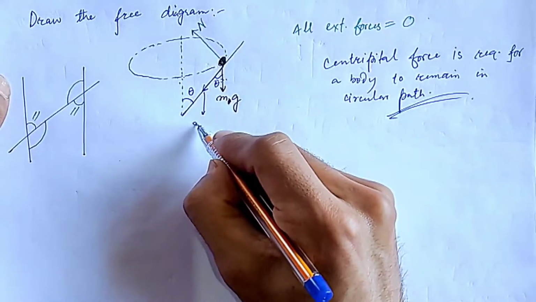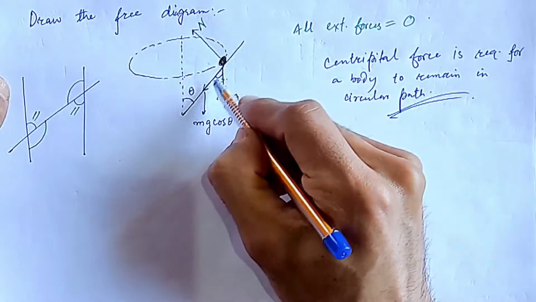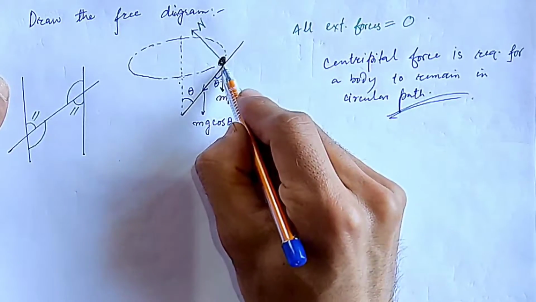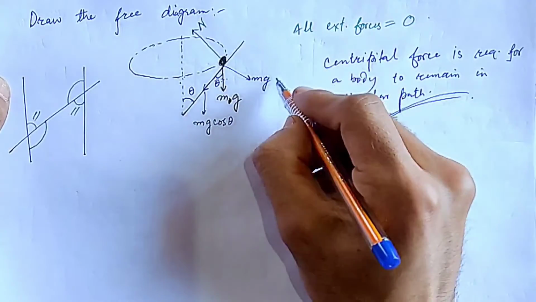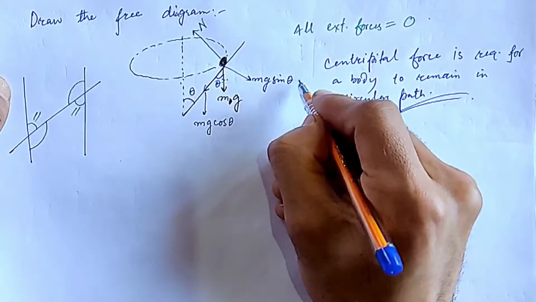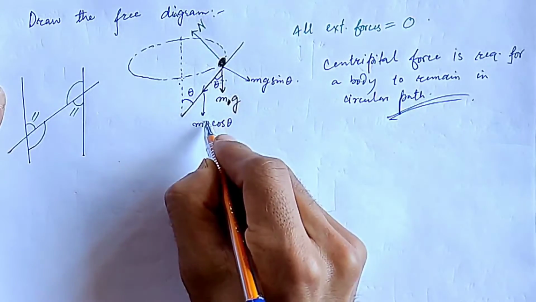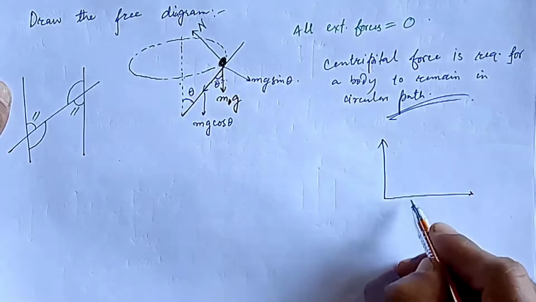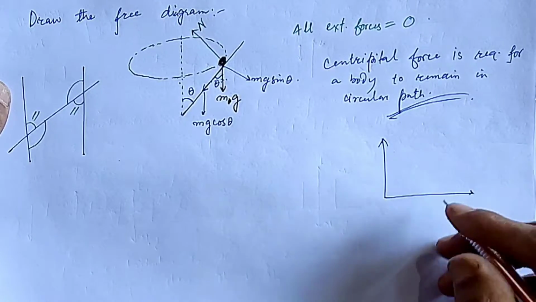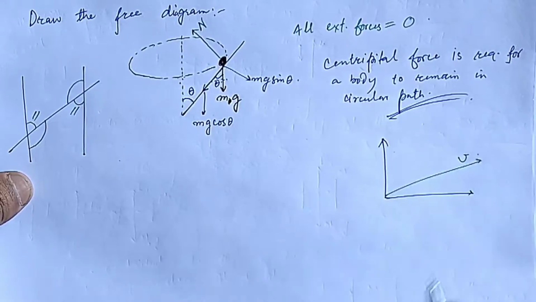So this will be mg cosine theta, because it is along the component of theta. Similarly, along the perpendicular, it will be mg into the sine component, because it is perpendicular to this base. Okay, this will be the cosine component. You have already seen it. If we have two perpendiculars and a vector in between, like this is the vector v.